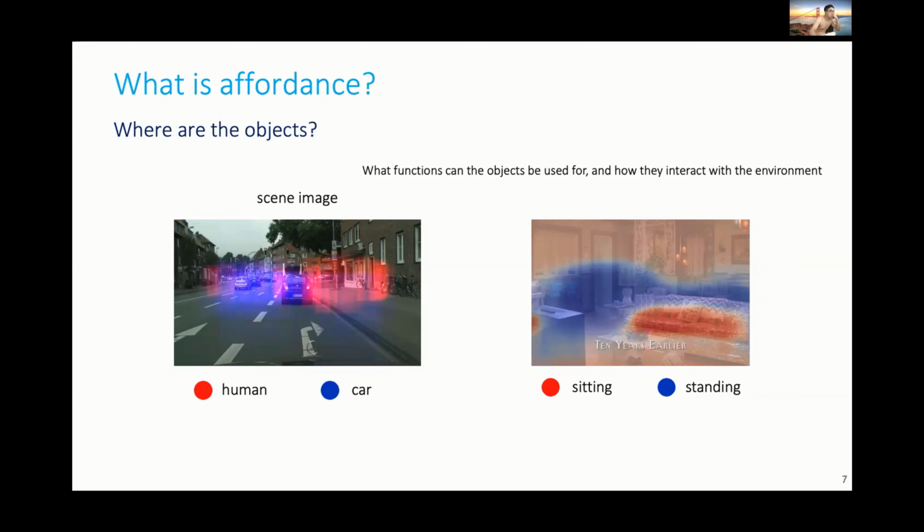Certainly the first thing we need to know is where we can insert the objects. For example, here, we most likely will insert humans on the sidewalks and cars on the roads. And likewise, we also need to know the scenes so that we can insert a human standing or sitting at the right location.